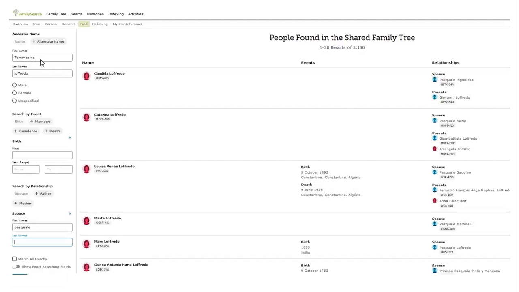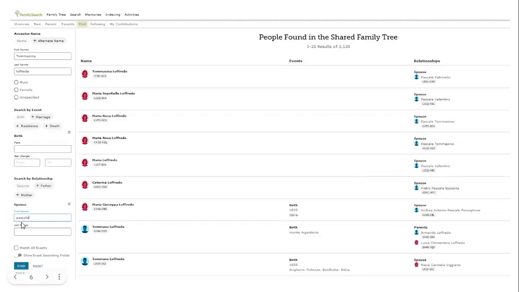So here I have Thomasina Lofredo. She is married to a Pascal. I spelled it S-Q-U-A-L-E, and I happen to know his last name, but for our example, I left it out. She doesn't show up when I'm searching with the P-A-S-Q-U-A-L-E.